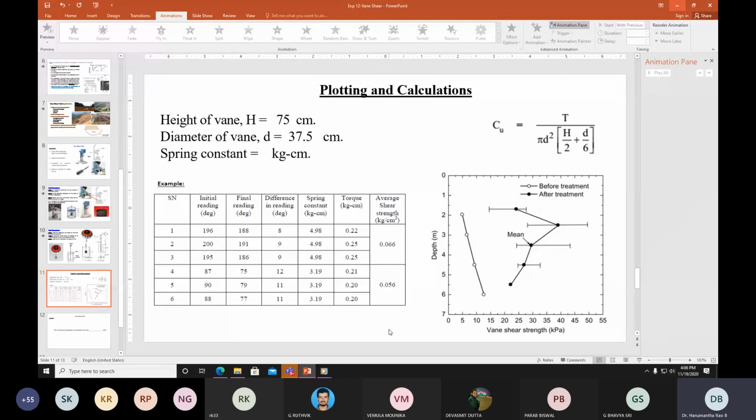When you talk about UCS and UU, you have compacted the soil sample. But when you talk about the Vane shear, you are taking the slurry. There was no compaction. So demonstrably, the compacted samples always exhibit higher shear strength as compared with the slurries.